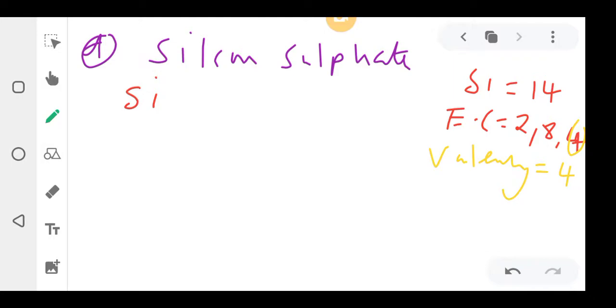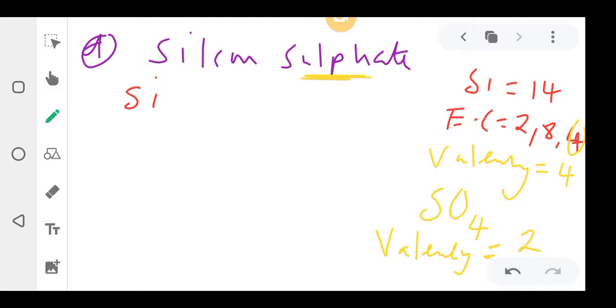If it is 4 and less, you write it the way it is. If it's above 4, you subtract from 8. And then sulphate, it's a radical. It's like this, SO4, and the valence of that radical is actually 2.